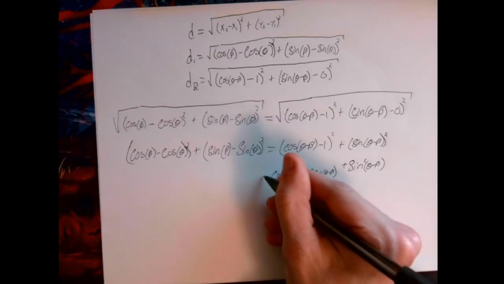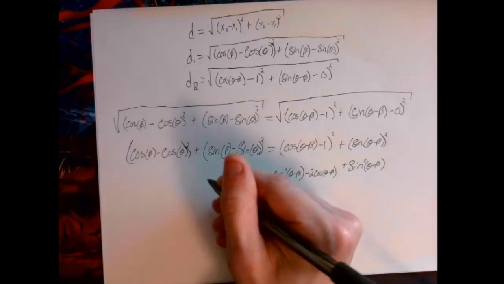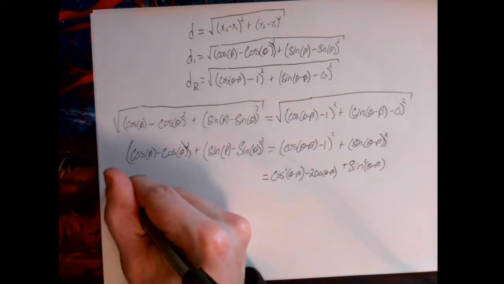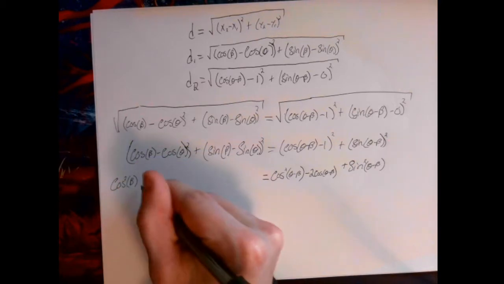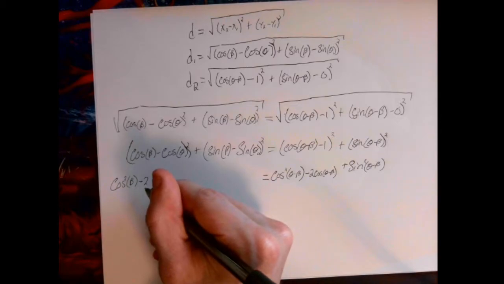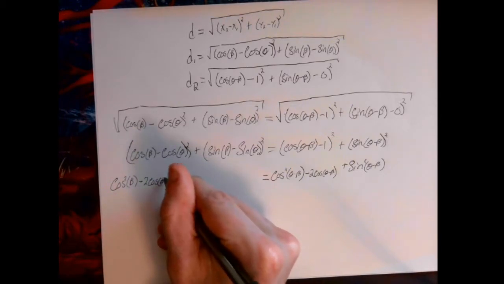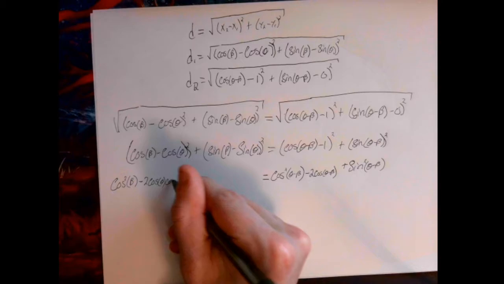Okay, then from there, we'll start on this side actually, we'll get cosine squared of beta minus 2 cosine of theta cosine of beta.